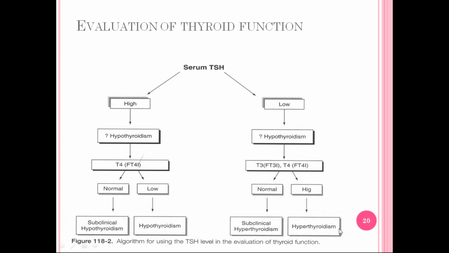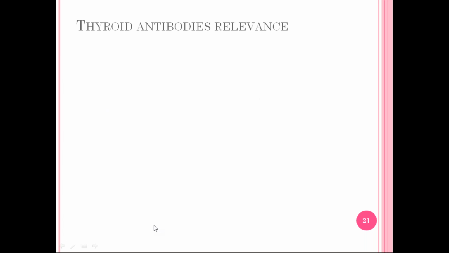If TSH is low and free T4 is high, hyperthyroidism. When T4 levels are normal and TSH is high, it is subclinical. When TSH is high and T4 is low, it is called overt hypothyroidism.